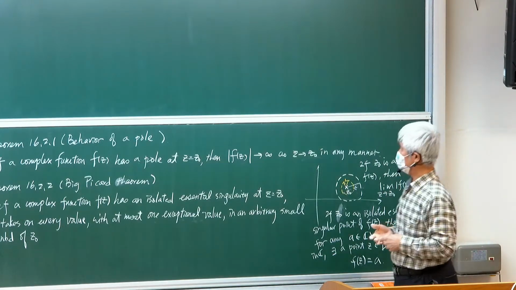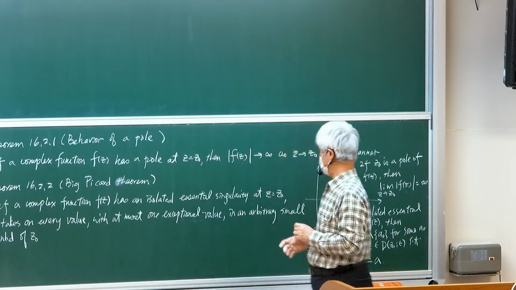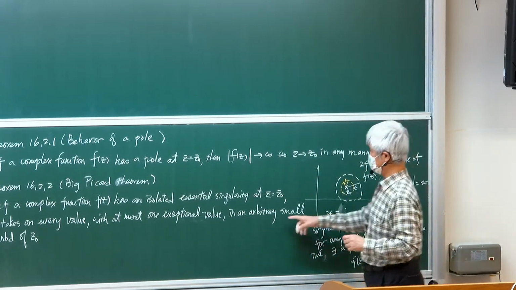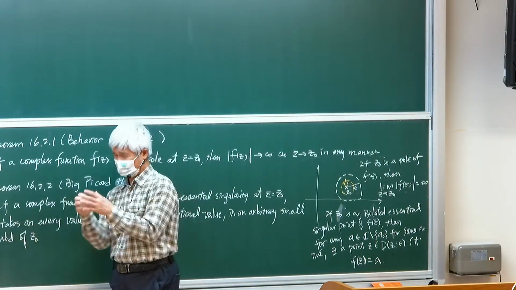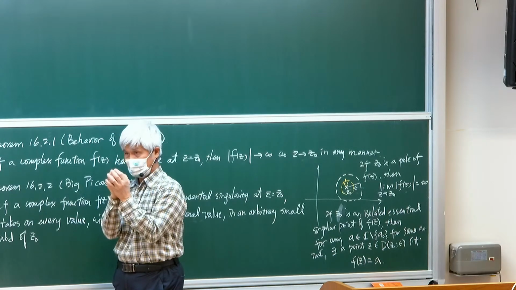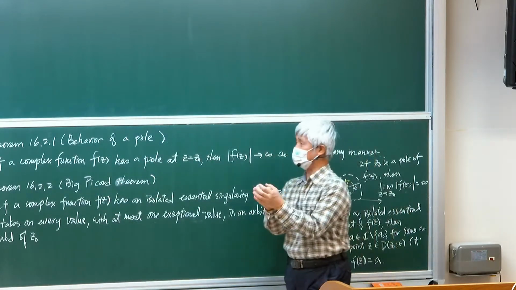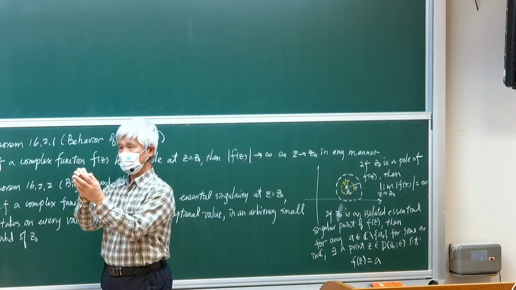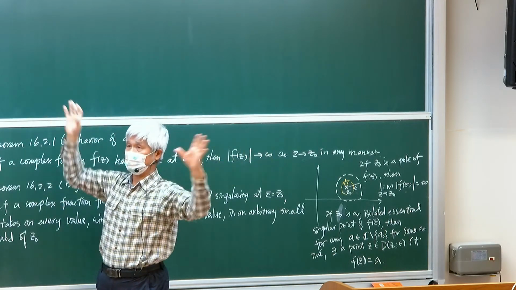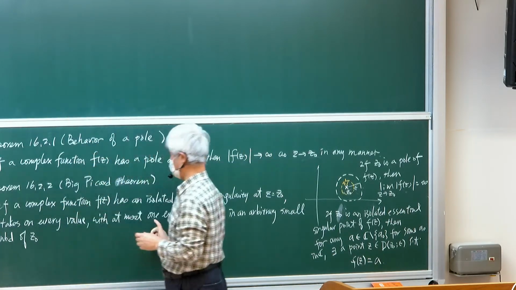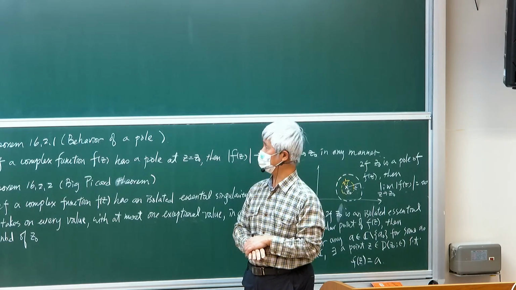But if we have an isolated essential singularity, then the behavior of f of z, even in a very small neighborhood of z0, even if epsilon is very tiny, the function value can be an arbitrary complex number, which may be very big, except one possible value.